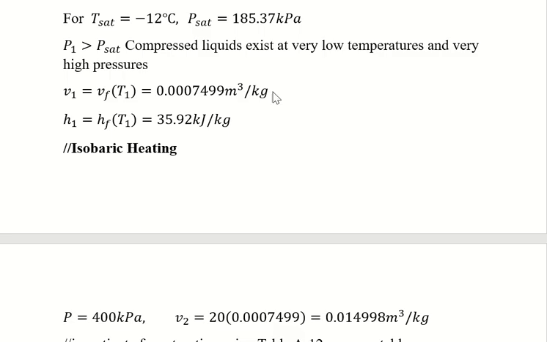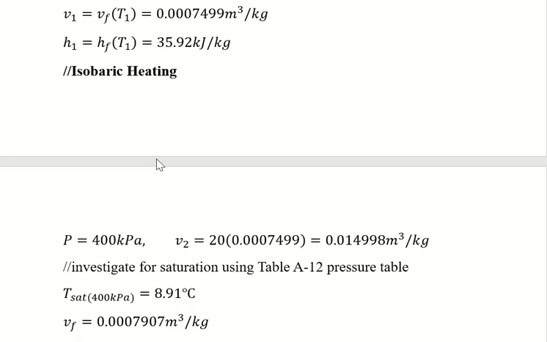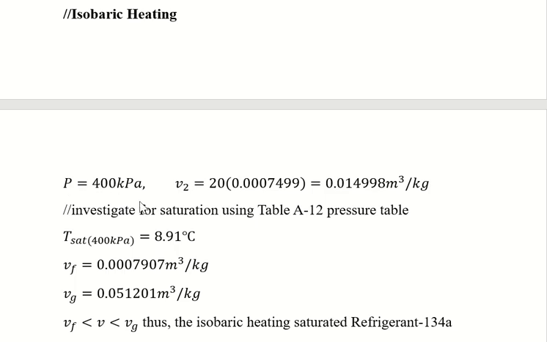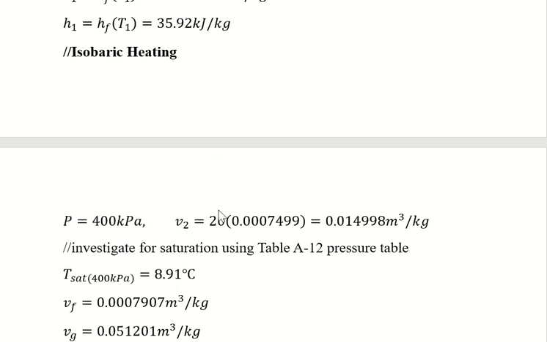That means the pressure at which the liquid was at in state 1 is the same pressure they're heating at isobarically. So we're going to maintain P as 400 kilopascals, and we've been told in the question that V2 is equal to 20 multiplied by V1, which gives you this.